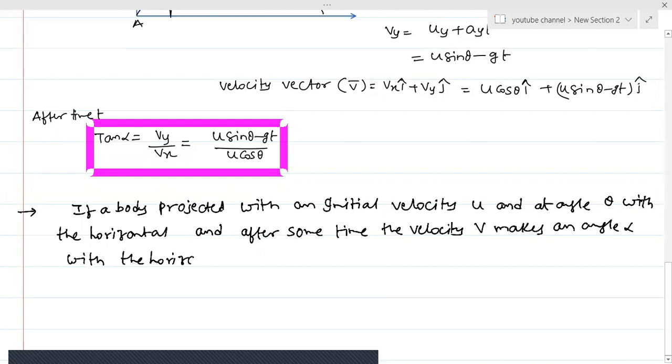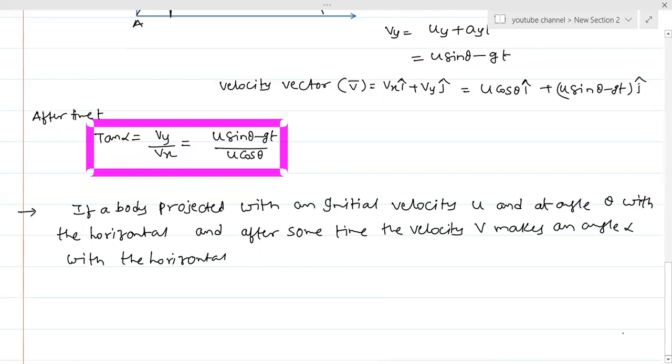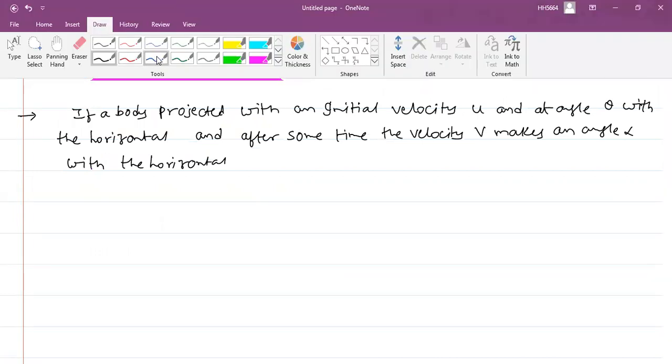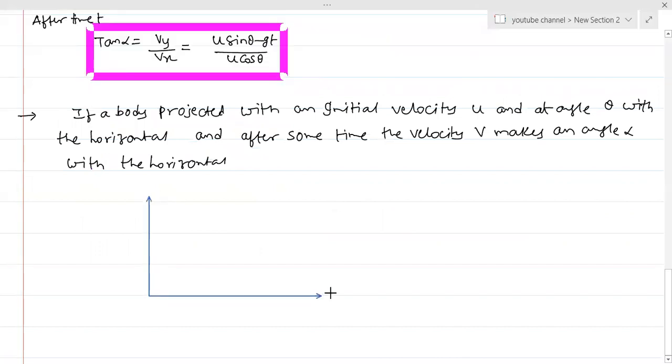That means without knowing the time, if you know the two angles, we can easily estimate the respective velocities.